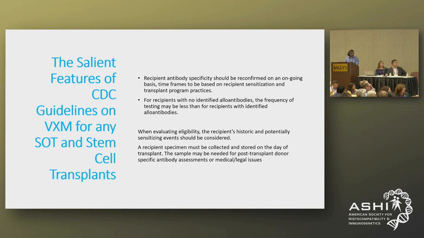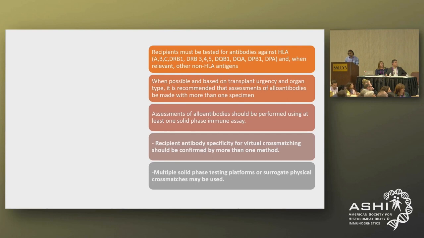Some of them are probably debatable, some of them are probably true, and some of them you should think about before you make decisions on virtual cross-match for both solid organ transplant and stem cell transplantation. At least we should know that we should have a nice, good, unambiguous typing of the HLA alleles in order to make a decent, reliable immunological risk assessment, whether it is virtual cross-match or interpreting a physical cross-match.